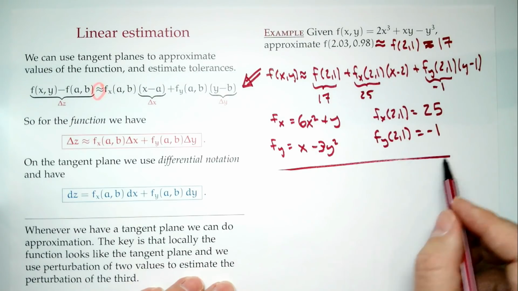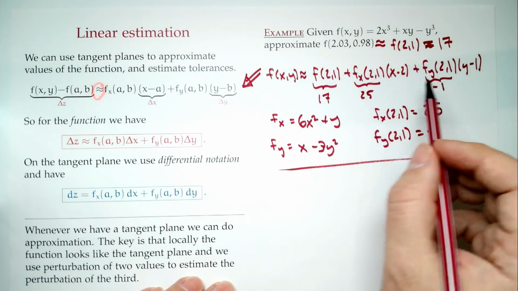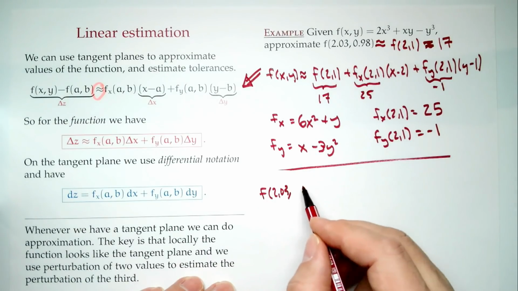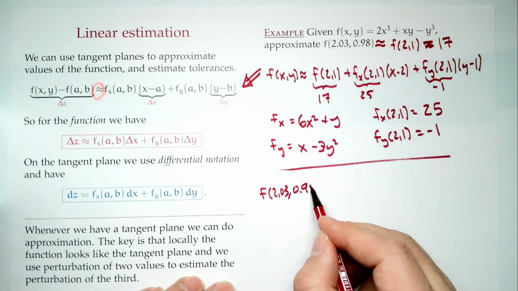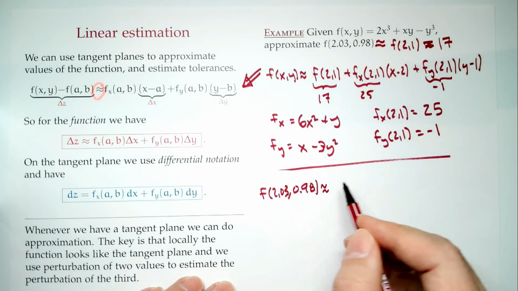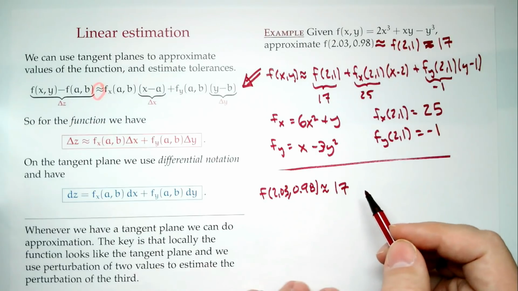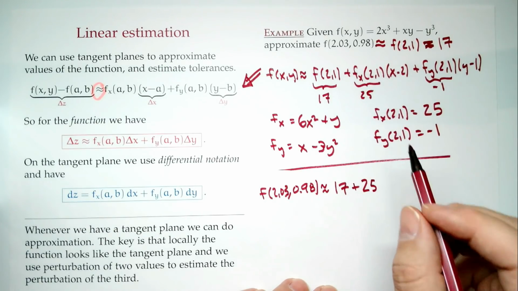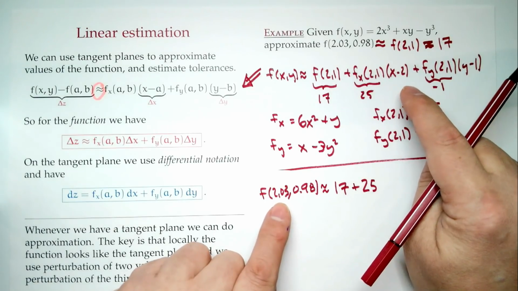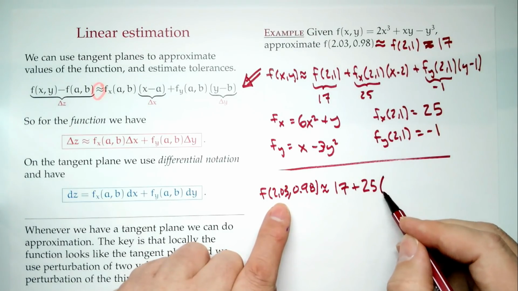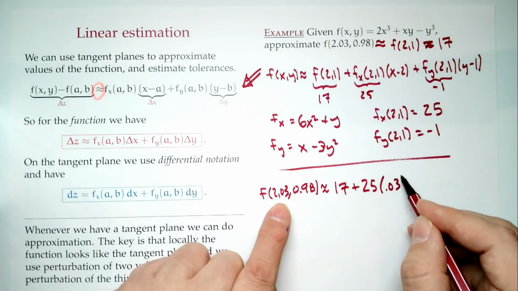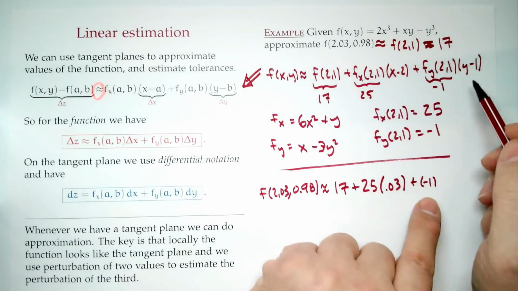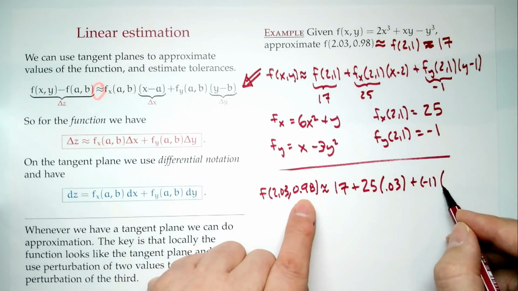So now plugging these values in, I can say f of 2.03, 0.98 is approximately 17 plus 25 times 2.03 minus 2, 0.03, plus negative 1, that's the f sub y at 2, 1, times 0.98 subtract 1.